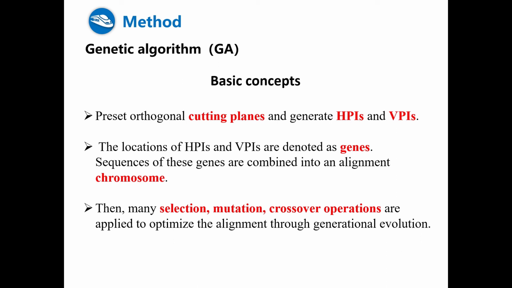Sequences of these genes are combined into an alignment chromosome. Then selection, mutation, and crossover operations are developed to optimize the alignment through generational evolution.